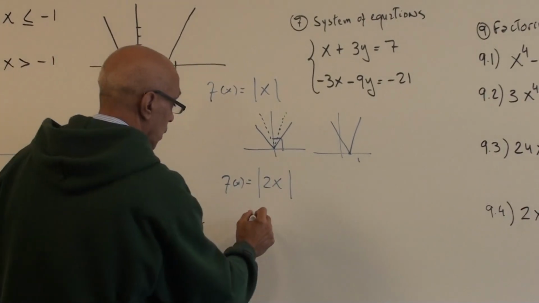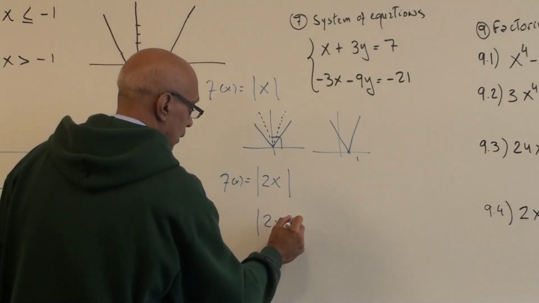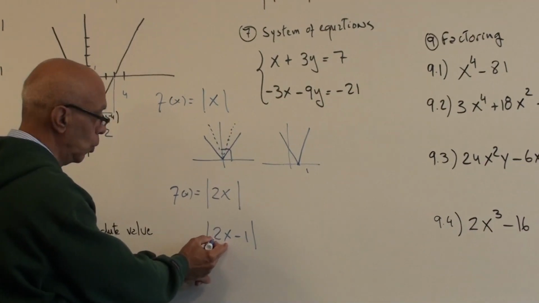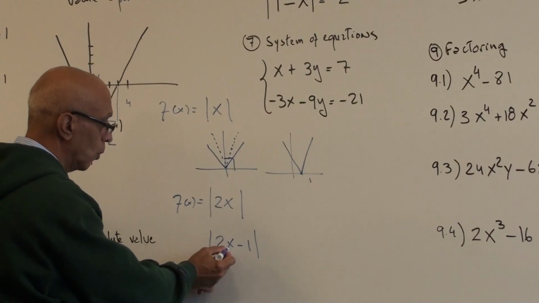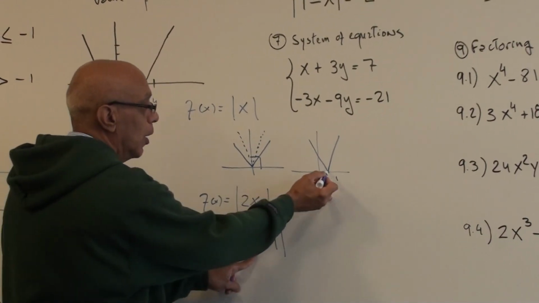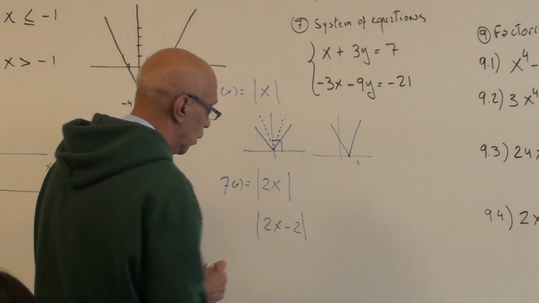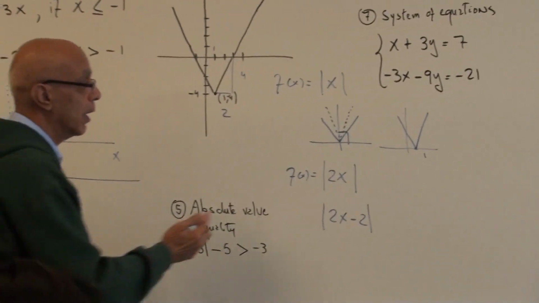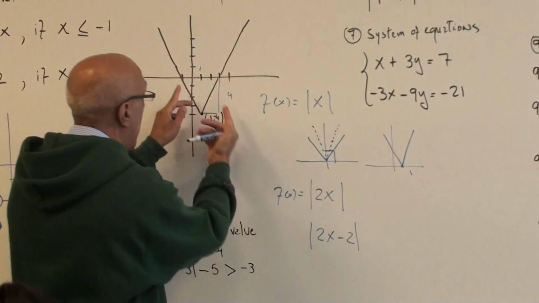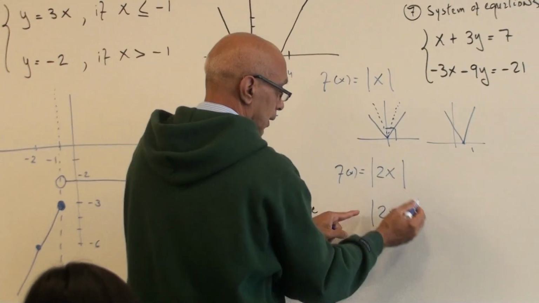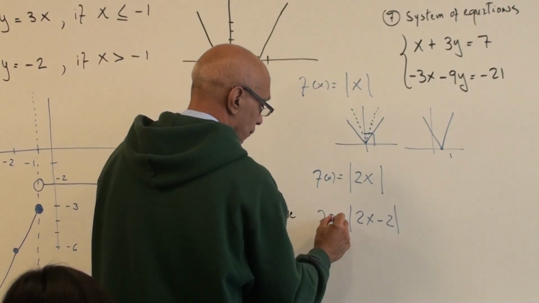If I put something like this, when I make x equal to 1, 2 times 1 is 2, minus 1 is 1, so it's not 0. I need to have a 0 there. So I need to have a value of 2. So when I just shifted this graph here from 0 to 1, this is going to be the function, okay?